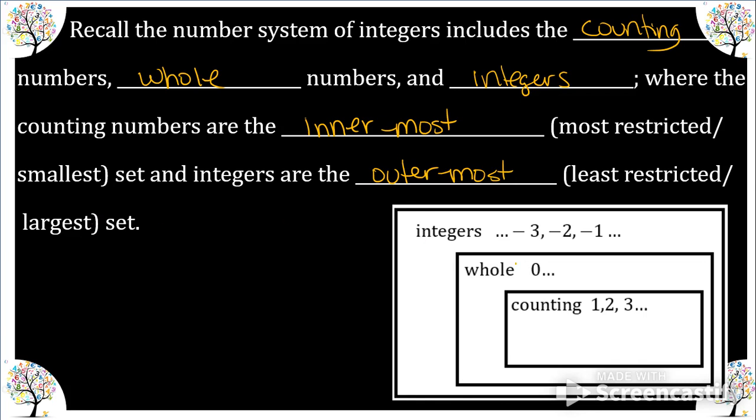They are the largest set. So with the three sets we have learned in this unit so far, we have the counting numbers, the smallest set, and then we move to whole and then integers.